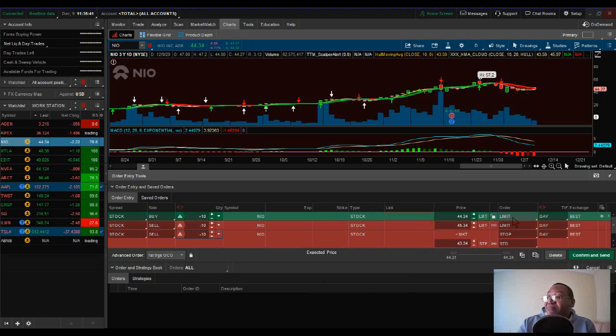Now, limit. Buying in with a limit is buying with a set number in mind. You're telling the system, okay, this is how much I want the stock to be. If it reaches this price, get me in, right? So if you want to do that, great. Most of the time, I don't do that.